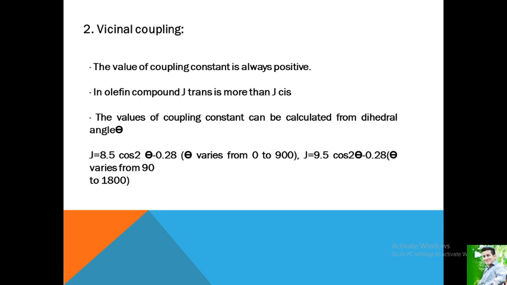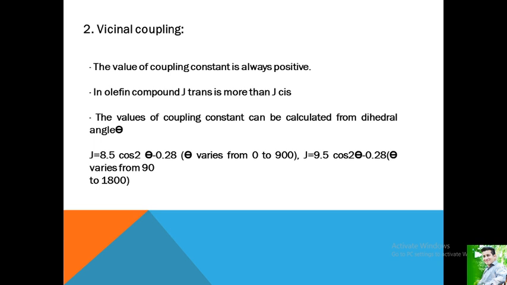Vicinal protons are protons which are separated by 3 bonds. When the dihedral angle is 0 degree or 180 degree, we observe the largest value for the coupling constant. The value of J is slightly negative when the dihedral angle is 90 degree.